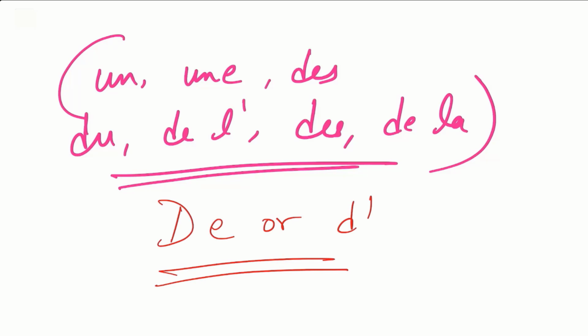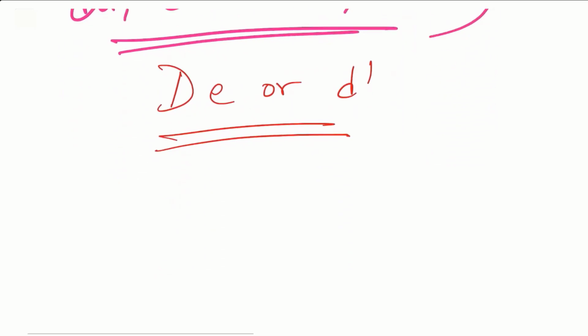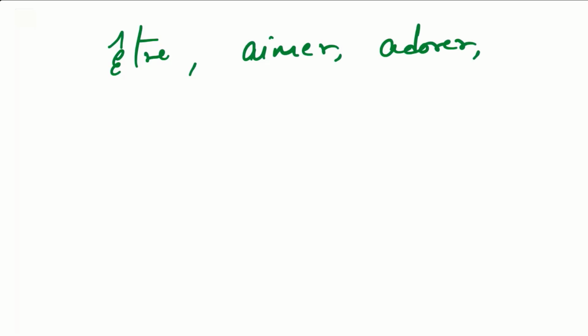Okay, now let's see more examples of those verbs as I told you earlier: être, aimer, adorer, détester and préférer.